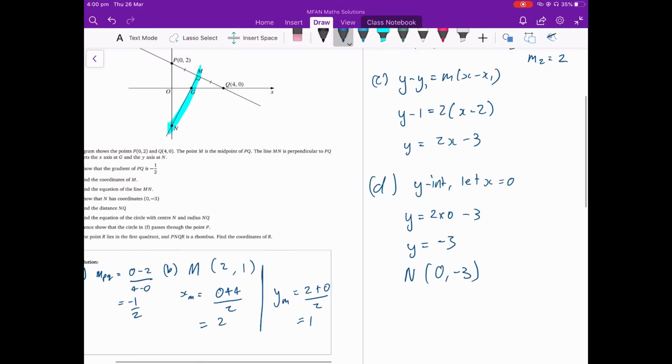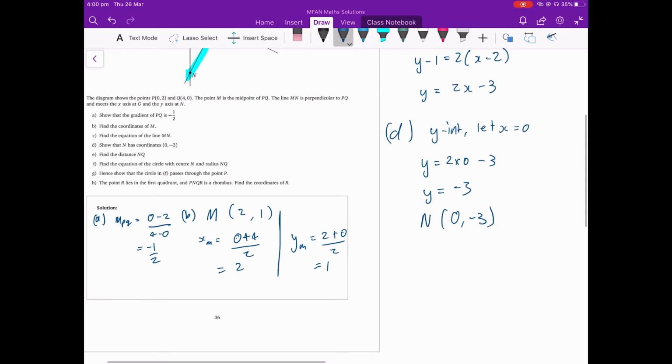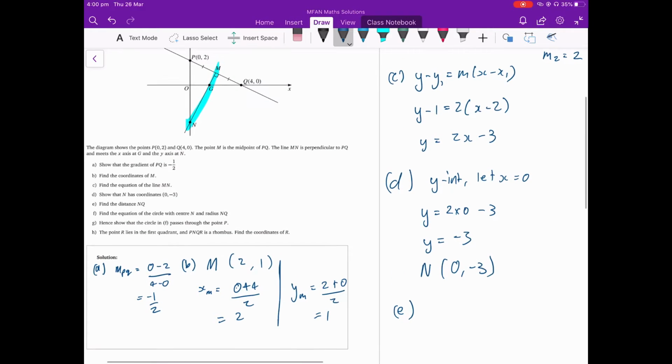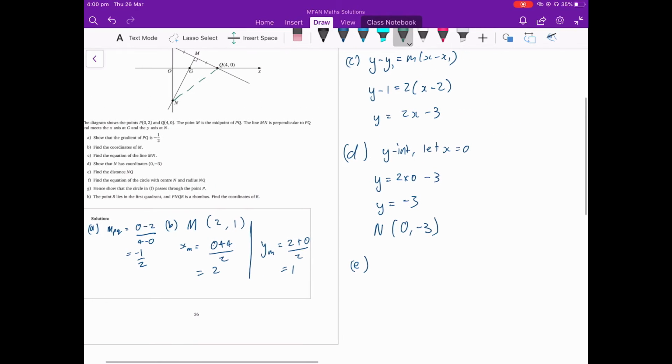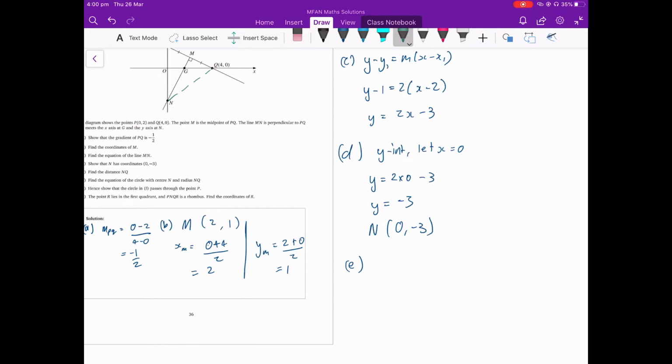Okay, fantastic. Question E, find the distance of NQ. So NQ is going to be this line here. We can just do the distance formula here, which is really just doing Pythagoras' theorem.